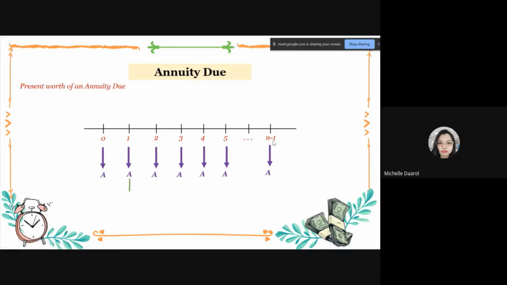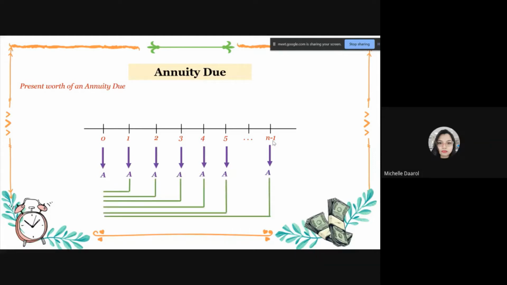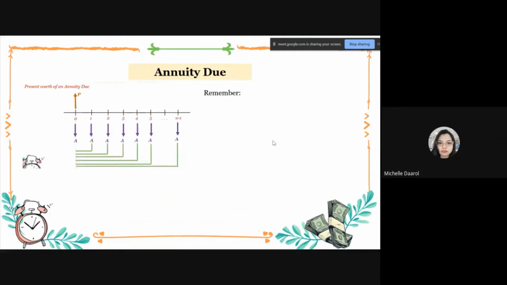So for determining the present worth of an annuity due, how much is it worth now? Present is what we are looking for. Remember that the future worth of the money is equal to the present multiplied by 1 plus i raised to n.